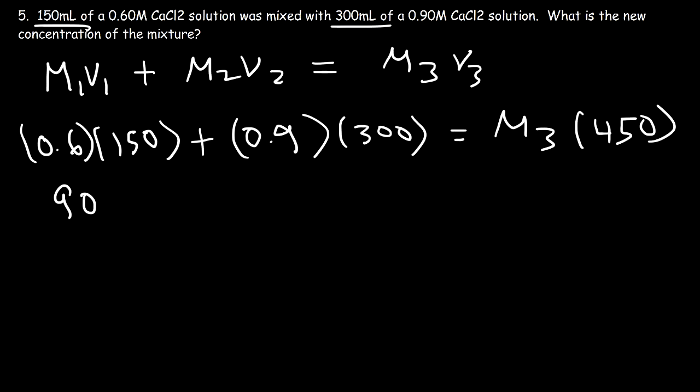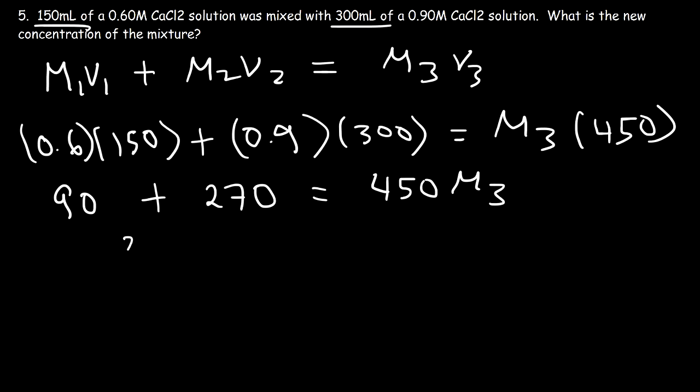So right now this is not 90 moles, but 90 millimoles, because we're multiplying molarity by milliliters. If we multiplied molarity by liters, this would represent moles. So the first solution has 90 millimoles. The second solution, 0.9 times 300, contains 270 millimoles. And so this is equal to M3 times 450 milliliters.